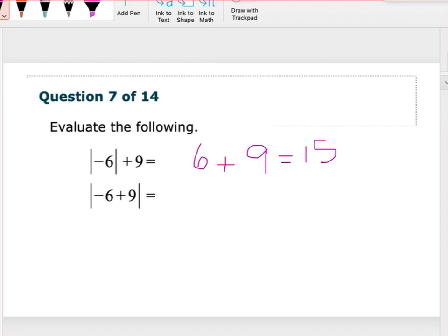And then we have this one right here where the absolute value is taken after we add -6 and 9 together. Opposite sign, subtract the two absolute values. So 9 minus 6 is 3. And then we take the sign of the big guy, which was 9. So that's +3. Absolute value of +3 is still 3.